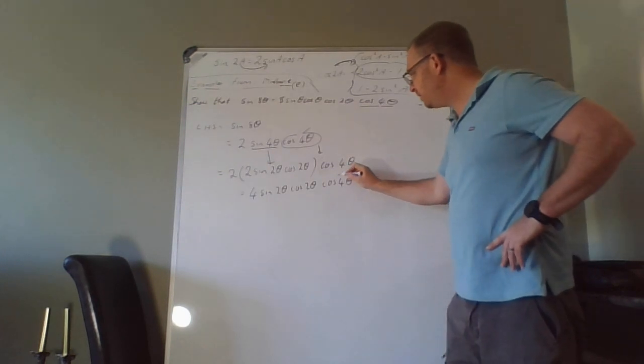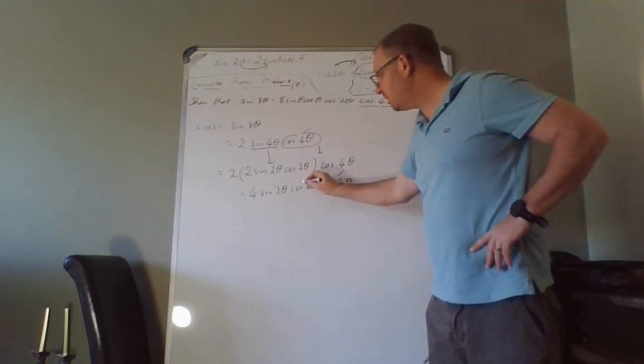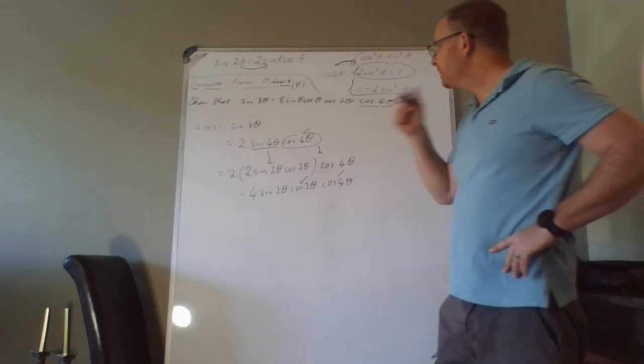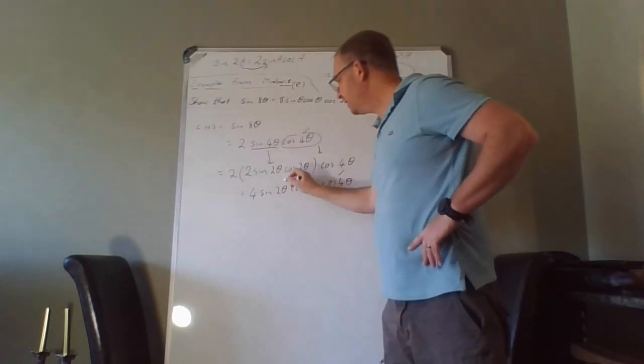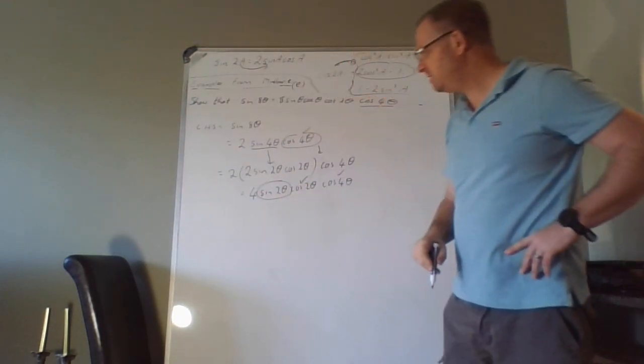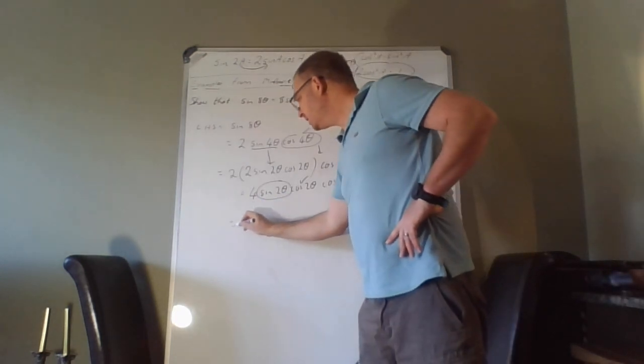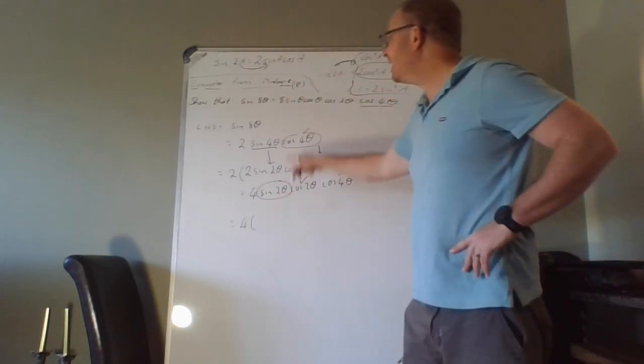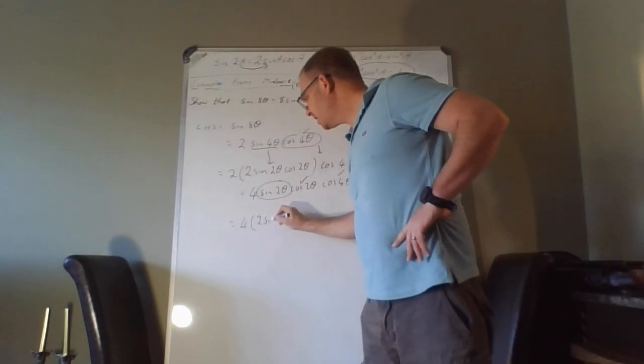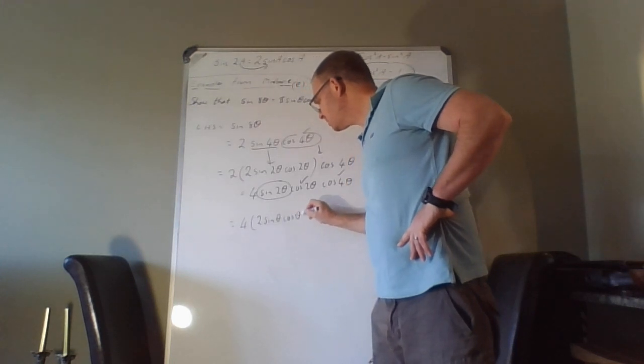So I've got the cos 4 theta, I want that to stay there. I've got the cos 2 theta, I want that to stay there. But there's no sine 2 theta over here. So I've simply got to change that sine 2 theta. Still got the 4, so it's going to be 4. And sine 2 theta is going to become 2 sine theta cos theta.